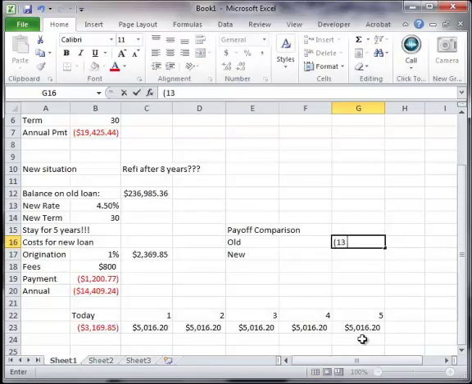We're going to use a present value of the original loan payoff after 13 years, and the present value or the payoff on the new loan after only 5.